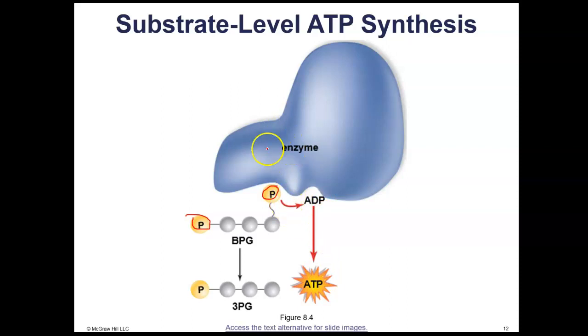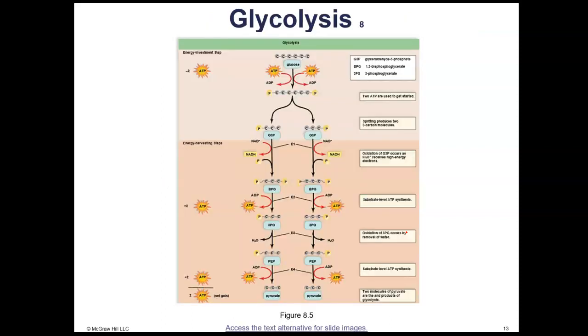So what happens is there's an enzyme that removes a phosphate from a chemical called, this chemical here is our substrate. So it removes the phosphate from this chemical BPG and adds it to the ADP, producing ATP. So it takes a phosphate from somewhere else and uses it to make ATP. That is substrate level ATP synthesis, and that's what happens to produce the ATPs in glycolysis.